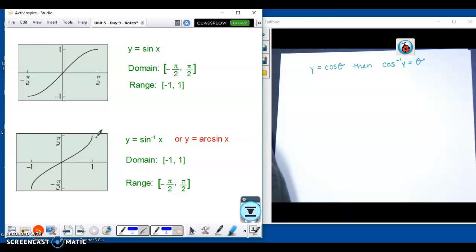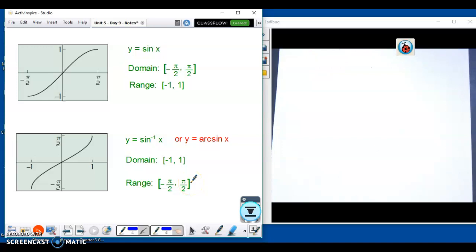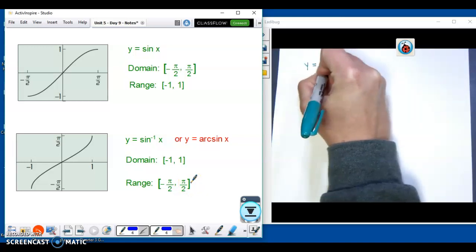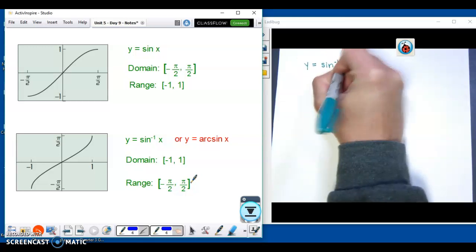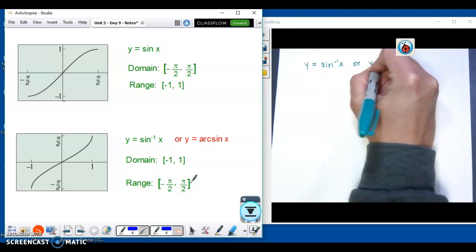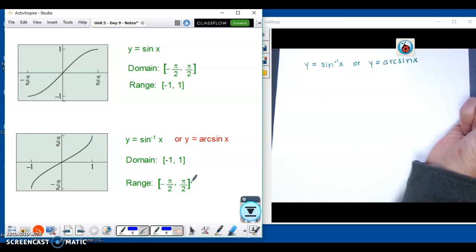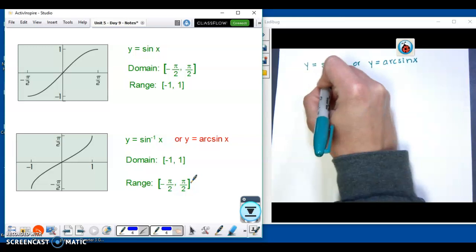With the problems we're going to be solving, the important part is the range. Whenever we're doing problems with the inverse of sine, written like this or as arc sine x, the important part is going to be the range.